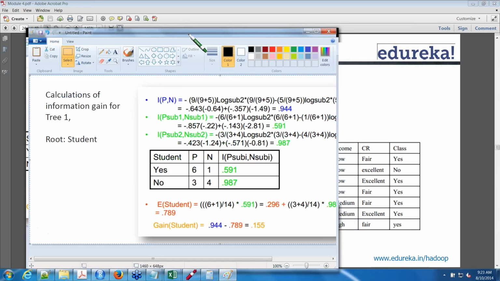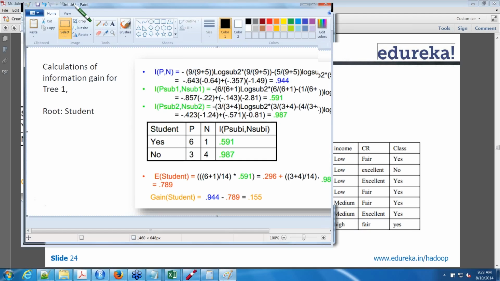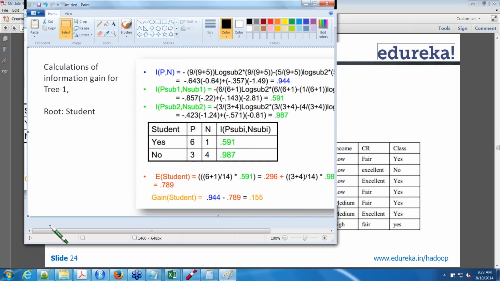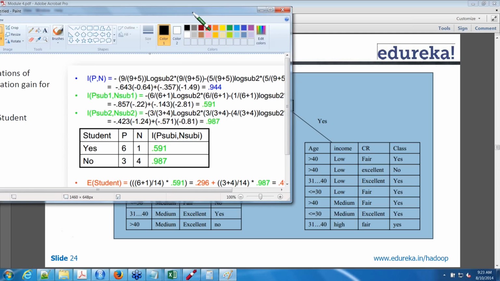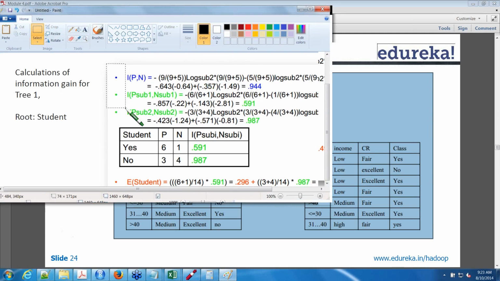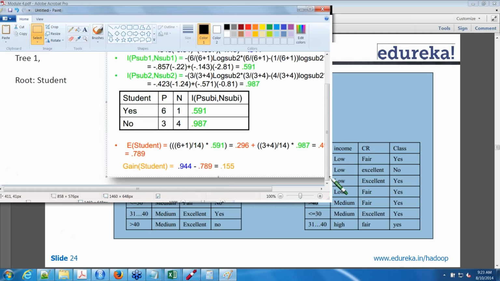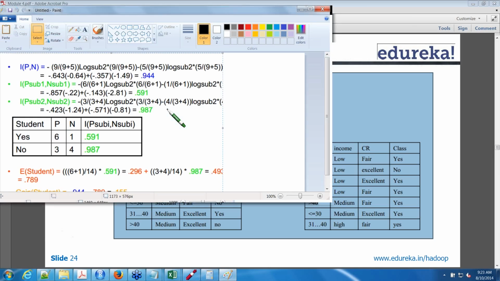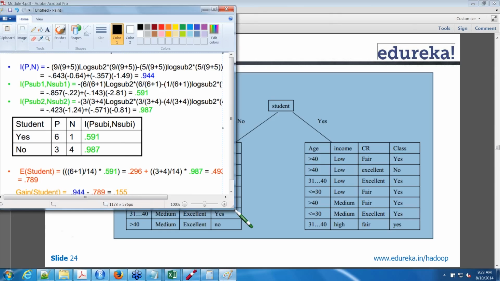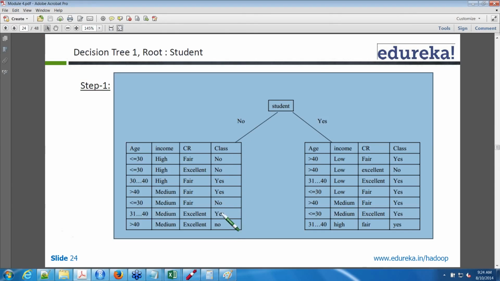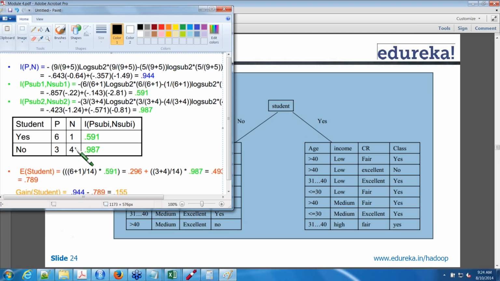Is that clear? So 1, 2, 3 and 4, and here it's going to be 3. 4 and 3, and yes is going to be 6 and 1.